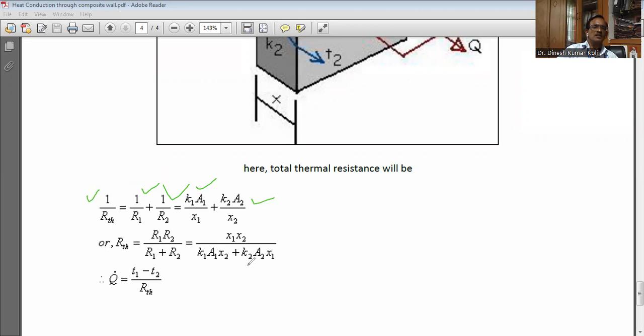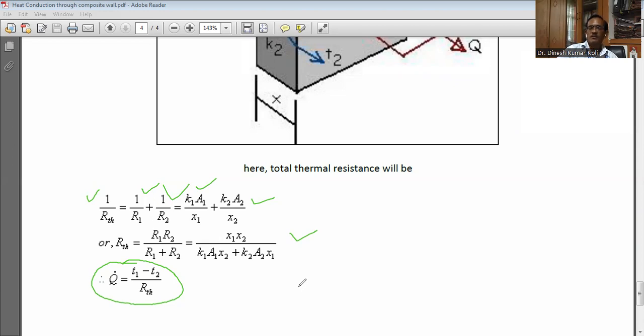Using this relation, we can write the overall thermal resistance, and we can calculate the thermal resistance for this plate having different materials as well as different surface area.